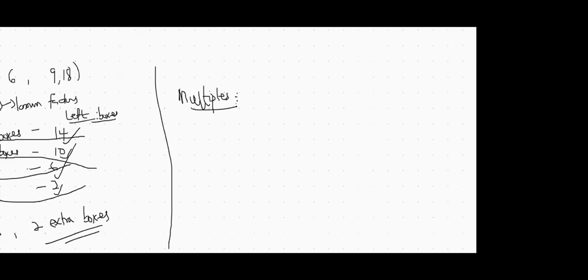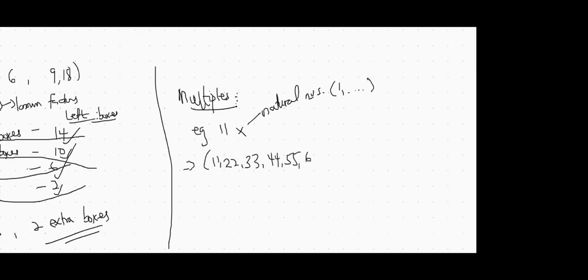Natural numbers begin from 1 through to infinity. Multiples of 11, in this case, would be 11, 22, 33, 44, 55.